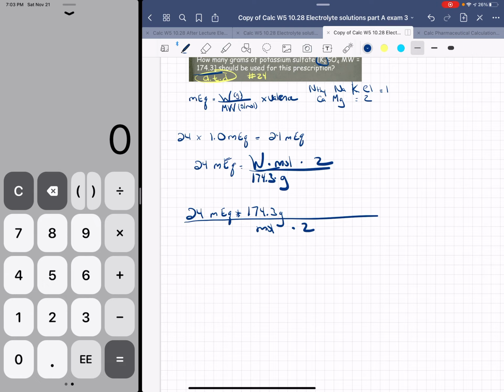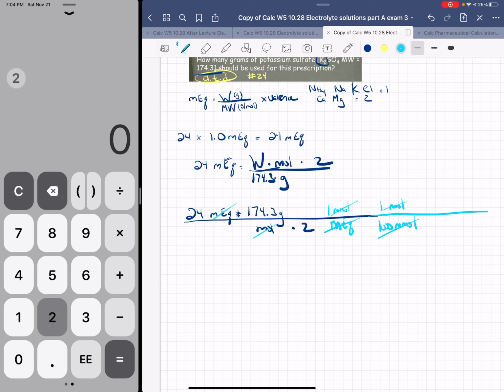And now I need to convert some units. So I need to know that there are 1 millimole per milliequivalent, and also that 1 mole has 1,000 millimoles in it. And if I do that, I think everything crosses out and I can find the answer.